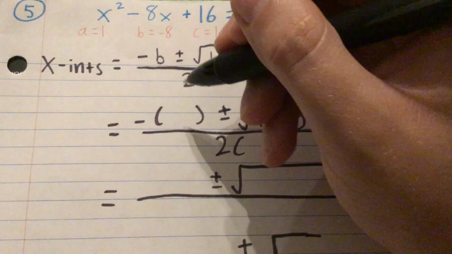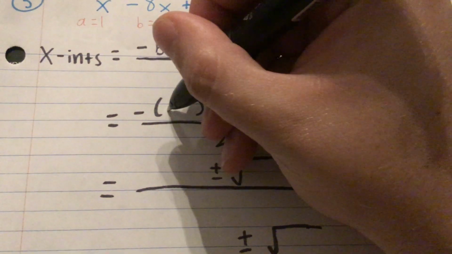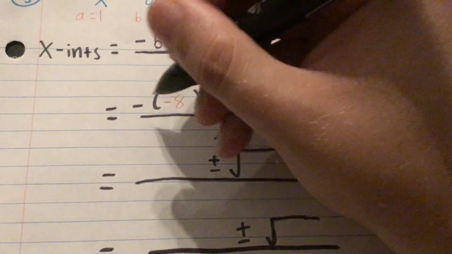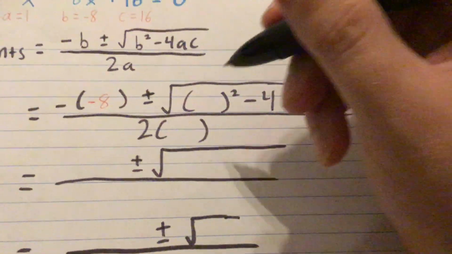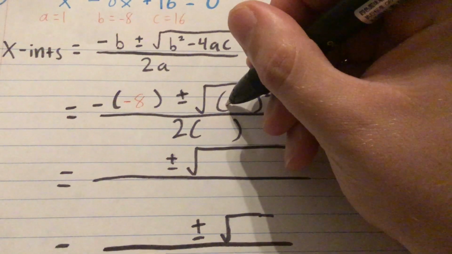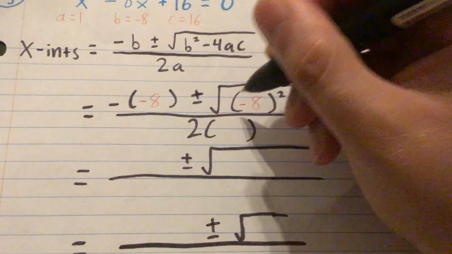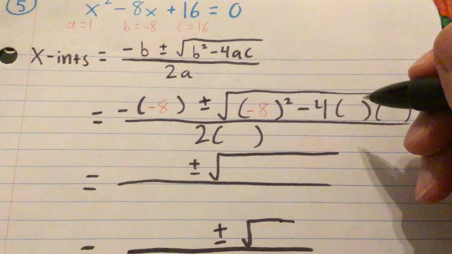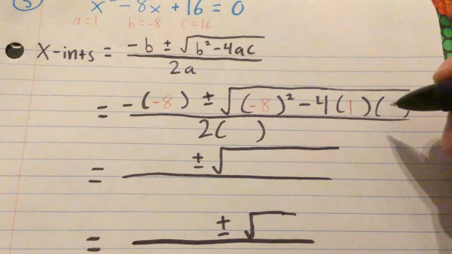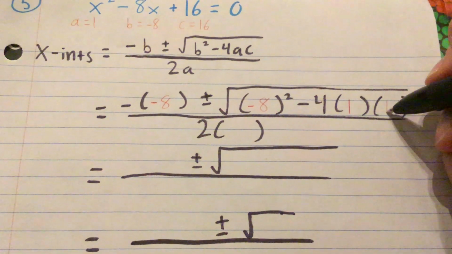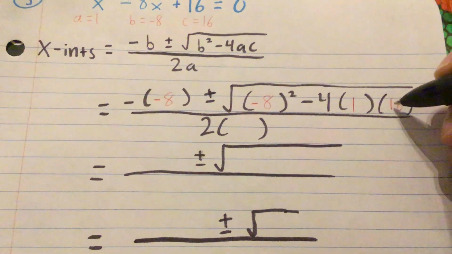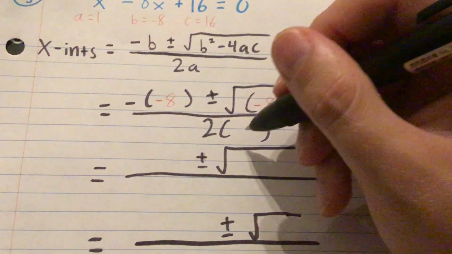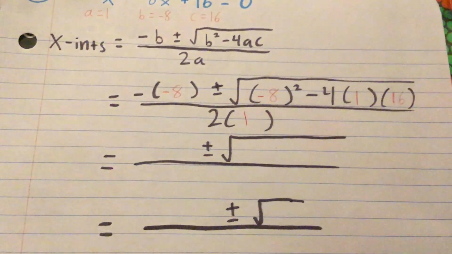So I'm going to plug in b, which is negative 8: negative 8, plus or minus the square root of negative 8 quantity squared, minus 4 times a, which is 1, times c, which is positive 16, all over 2 times a, which is 2 times 1.